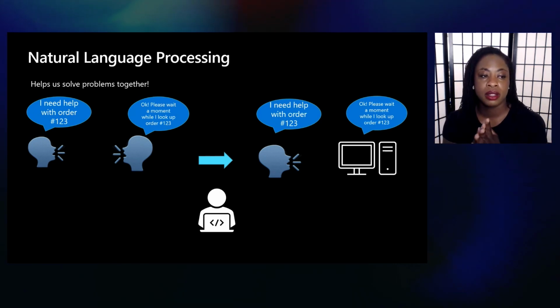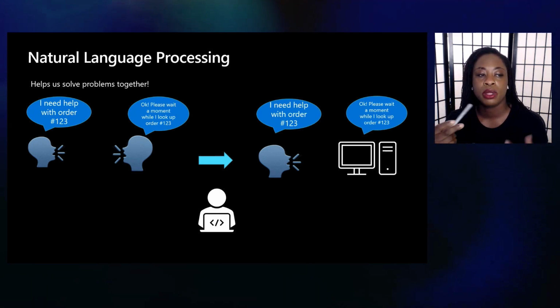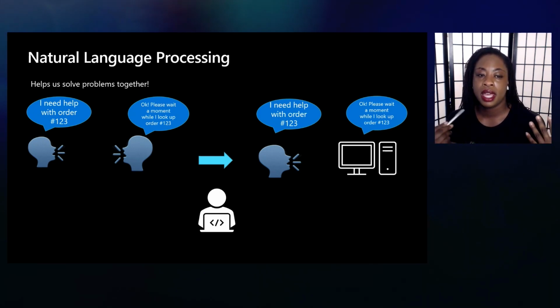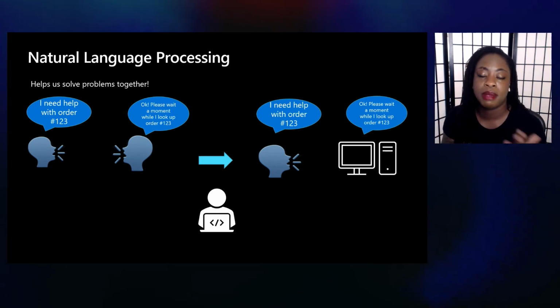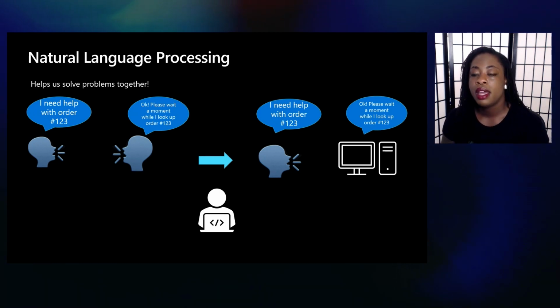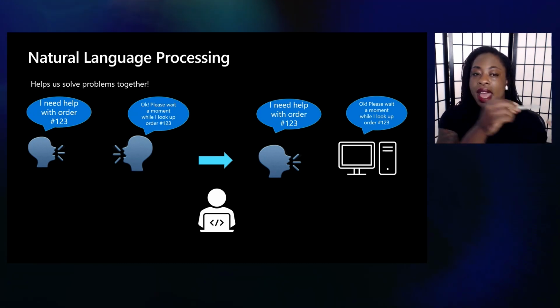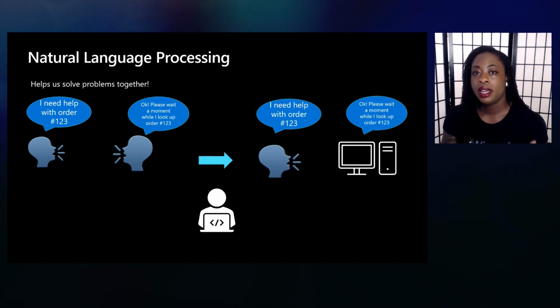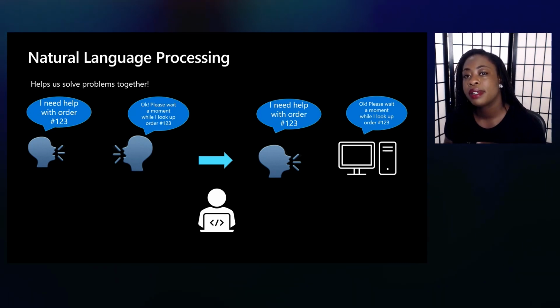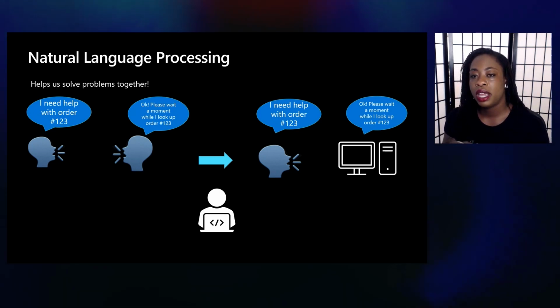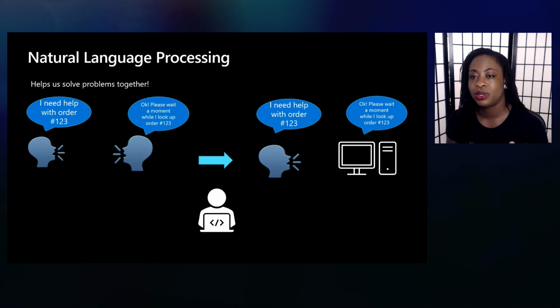On the left side here, this person is asking, I need help with order 1, 2, 3. And this other person would say, okay, give me a moment while I look at order 1, 2, 3. On the right side, an engineer simulates that same conversation, having a machine or a device get that order for you.